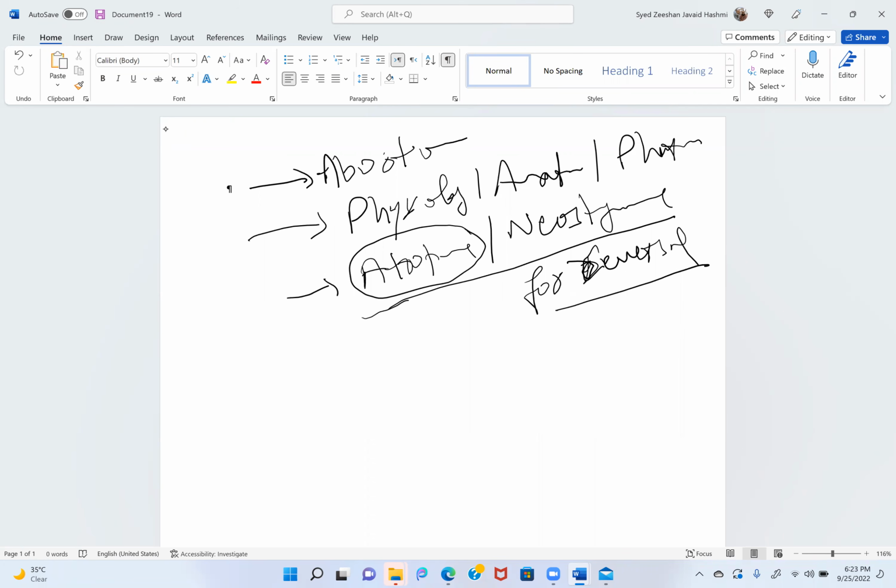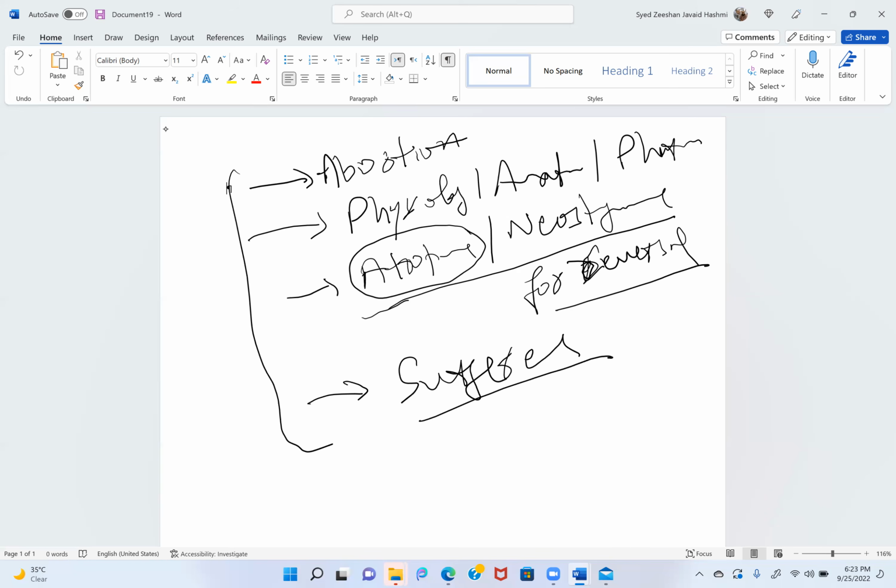Then what else? Of course, there will be consideration related to that surgery. Whatever surgery you are doing, like you are doing orthopedic surgery, there will be concerns related to orthopedic surgery. If you have an orthopedic patient, what are the considerations which you can have?